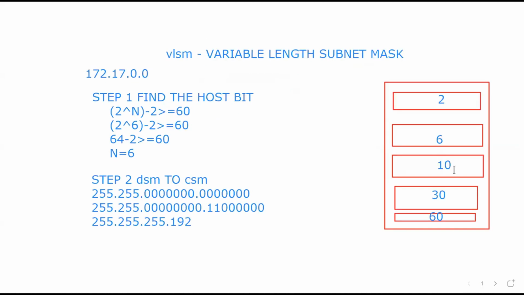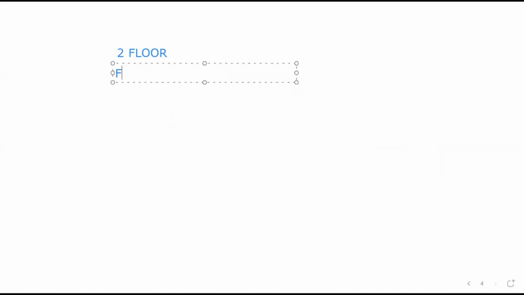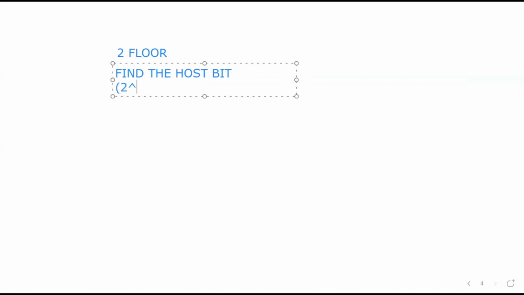Next, we will do the second floor. How many IPs do we have to assign on the second floor? 10. Then again, find the host bits. Again, the formula is 2 to the power n subtract 2 is greater than or equal to 10.